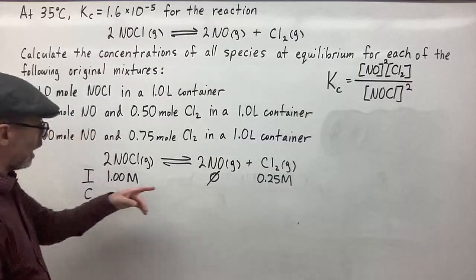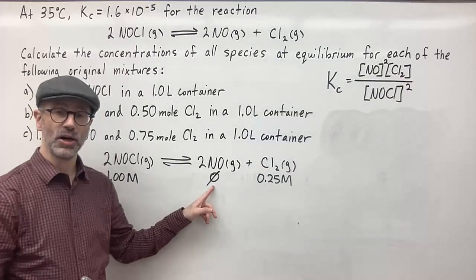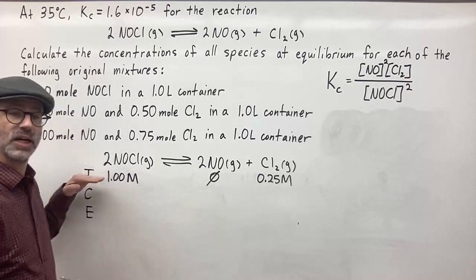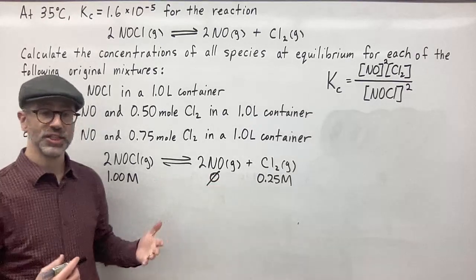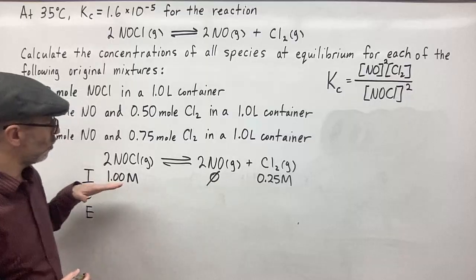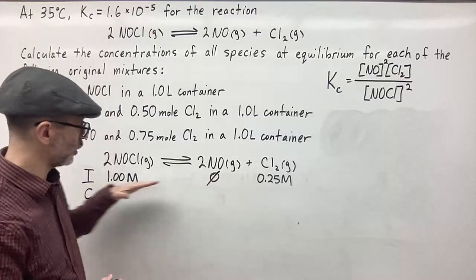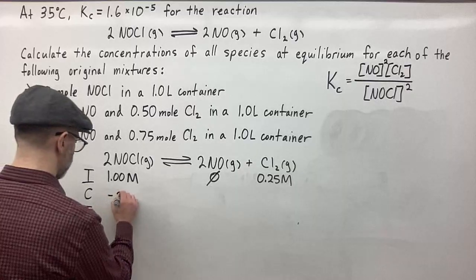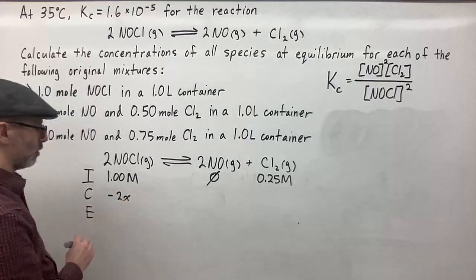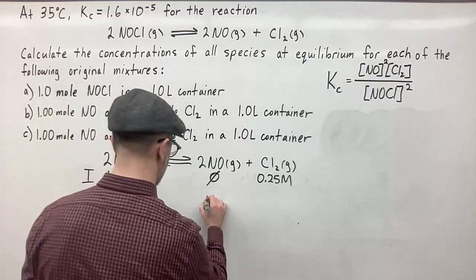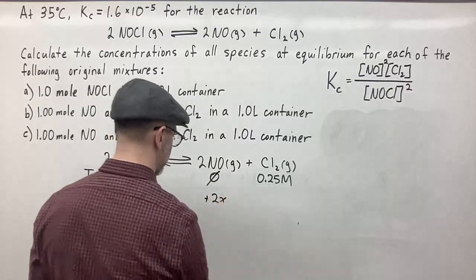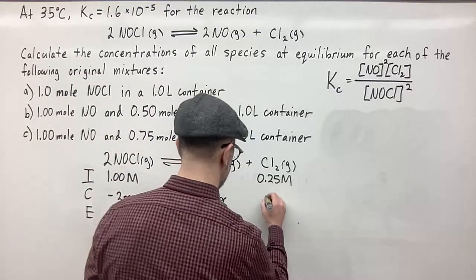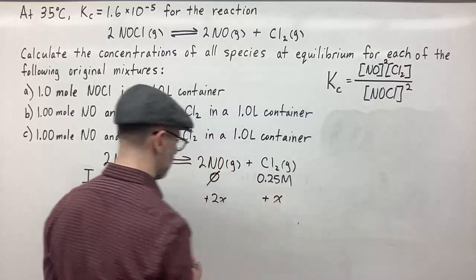Okay, so now that I have 0 here, that means it's going to shift in this direction to reach equilibrium. So now I'm going to write that change going this way. I'm going to lose a 2x amount there. I'm going to gain a 2x amount here, and I'm going to gain an x amount there.